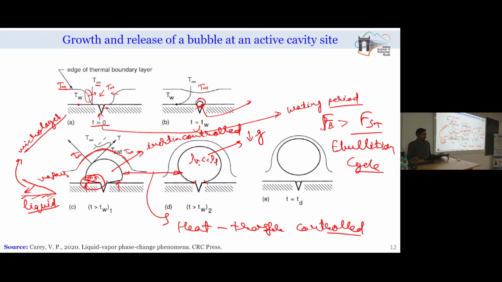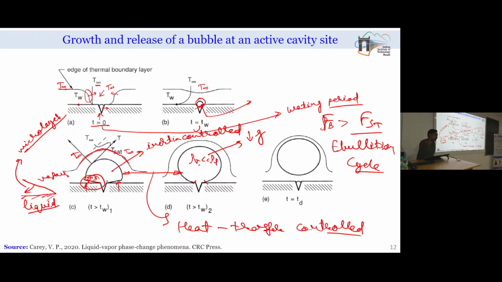So, in a practical scenario, we can see that initially there will be some waiting period. The waiting period is the time when vapor is coming out of the cavity. After that, the vapor radius will overcome the minimum critical radius required for the vapor to grow, and we will find that the vapor grows immediately.